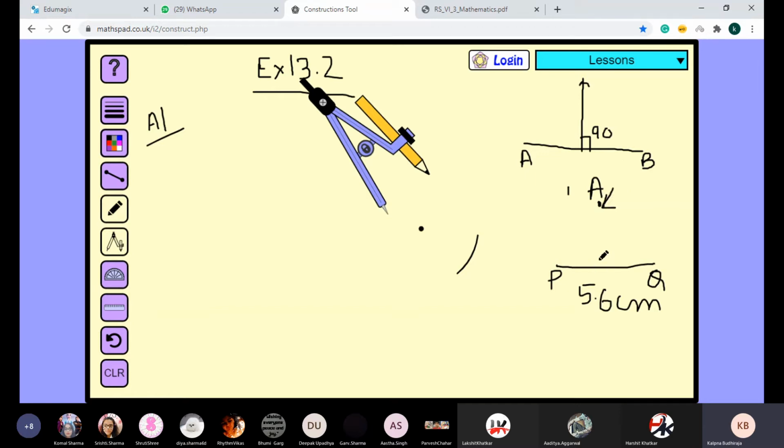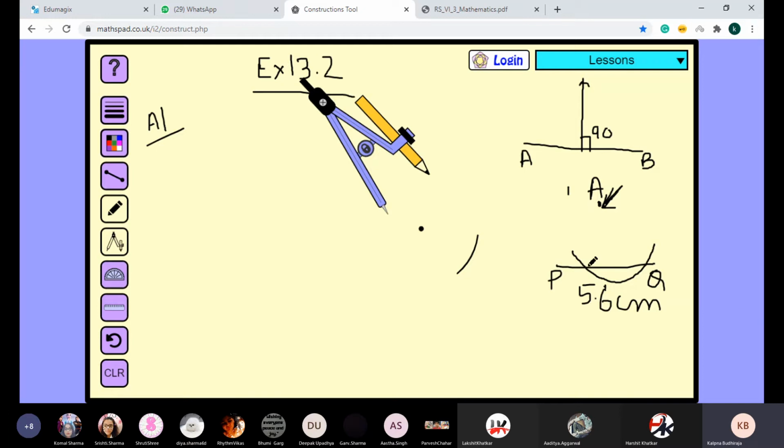Pencil will be such that it is below the PQ line. Needle is here and pencil is here. Then you are going to make a arc like this.